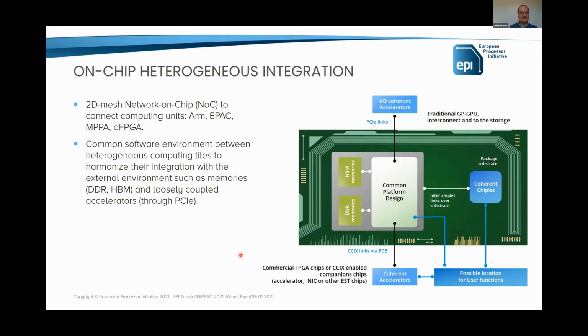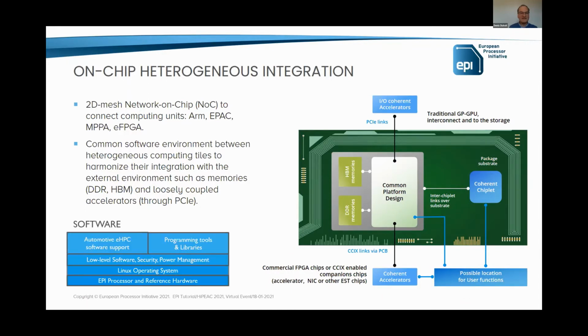Once again, the common software environment between heterogeneous computing tiles is harmonizing all their integration, with the external world, memories, but also the PCI Express connection. And this is the view of our software stack. So this is for on-chip heterogeneous integration into our generic processing chip.